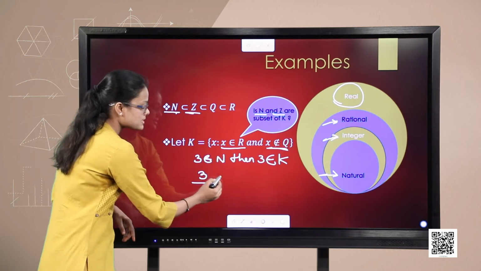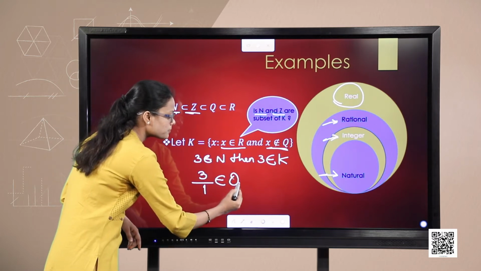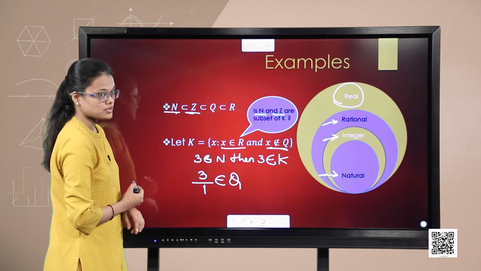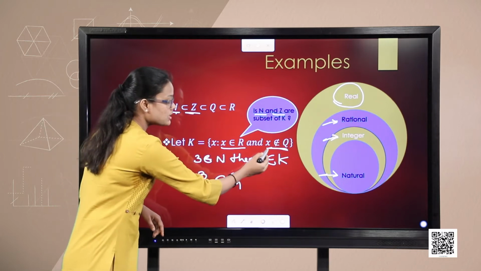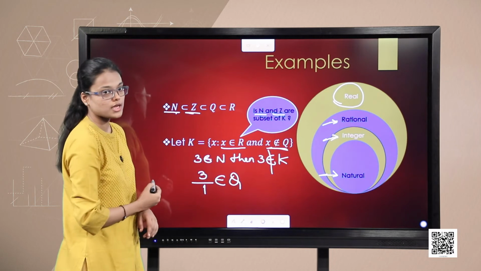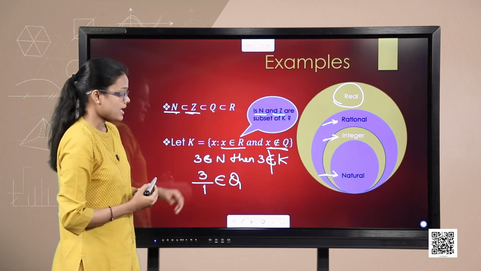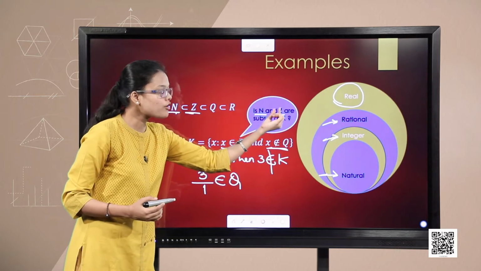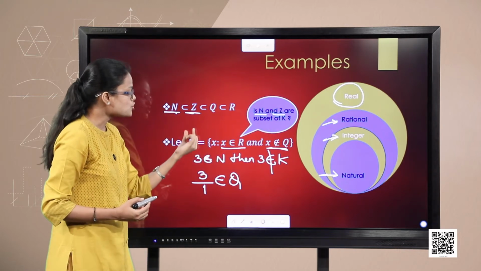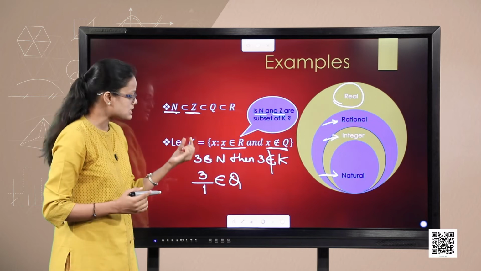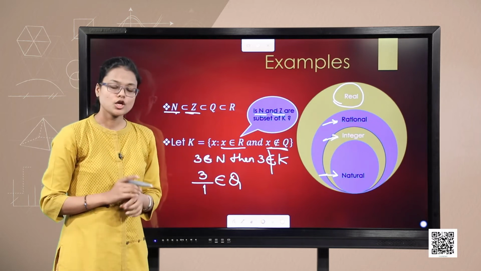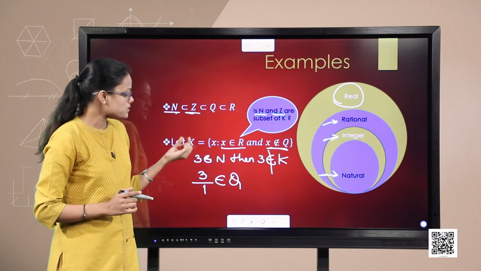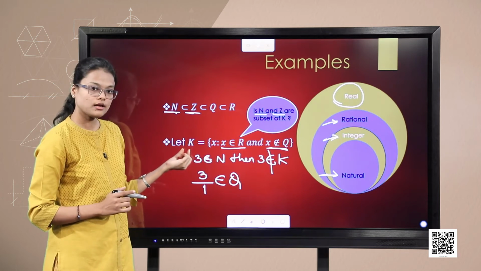So, this implies it belongs to the rationals. Okay? So, this states that 3 does not belong to K. And it states that the set of naturals as well as the set of integers is not a subset of the set K.